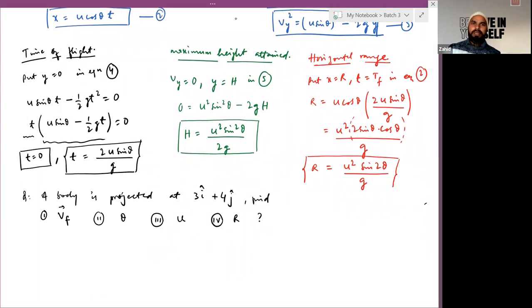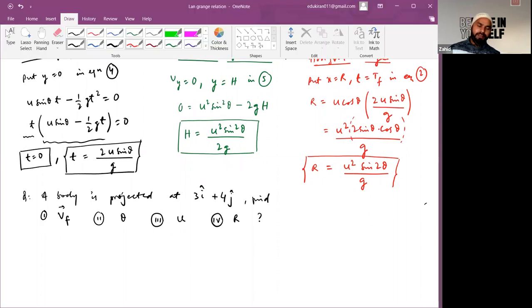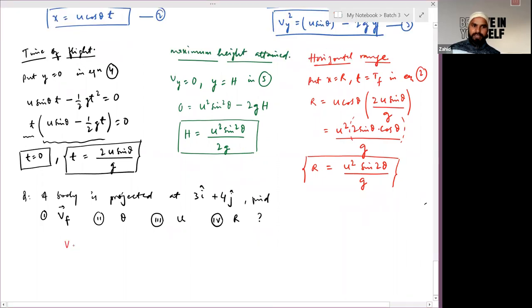I'm giving you a hint how to solve it. Just see in this part, we have V initial equal to 3i plus 4j. As I have defined above, there is a relation between initial velocity and final velocity, just reverse the direction of y component in final velocity.